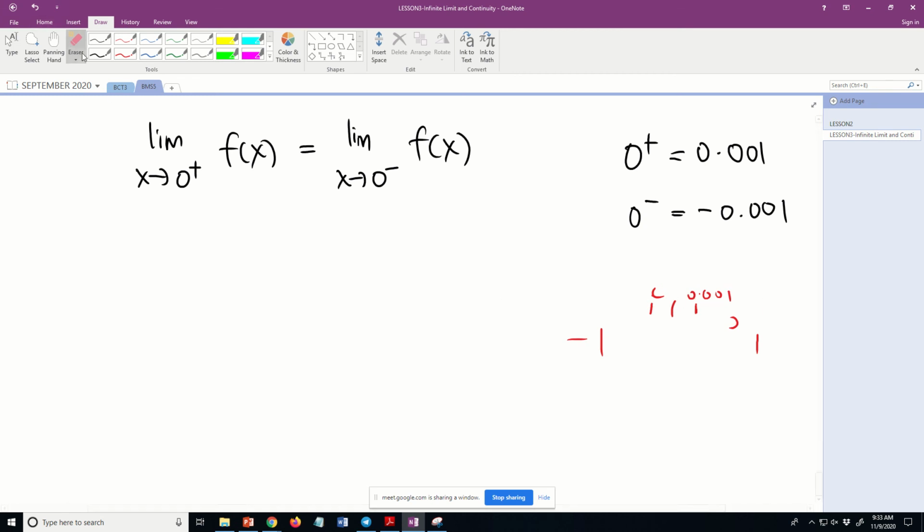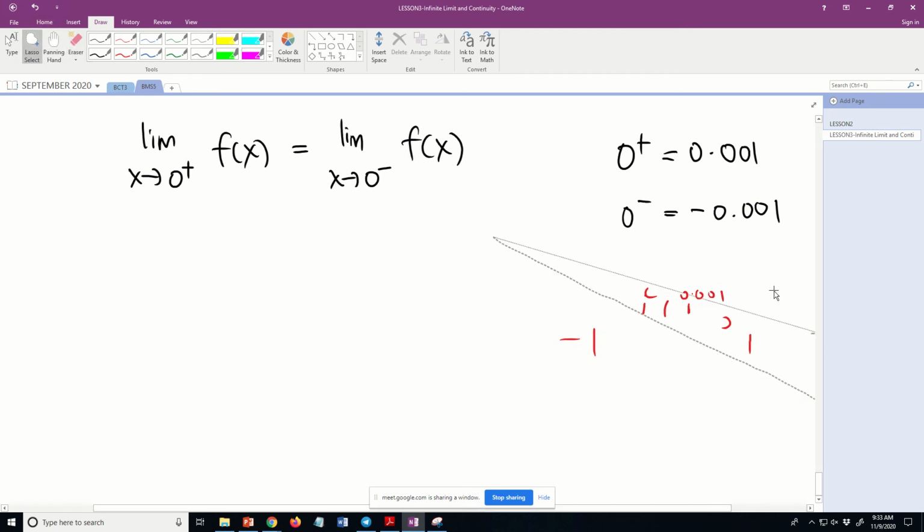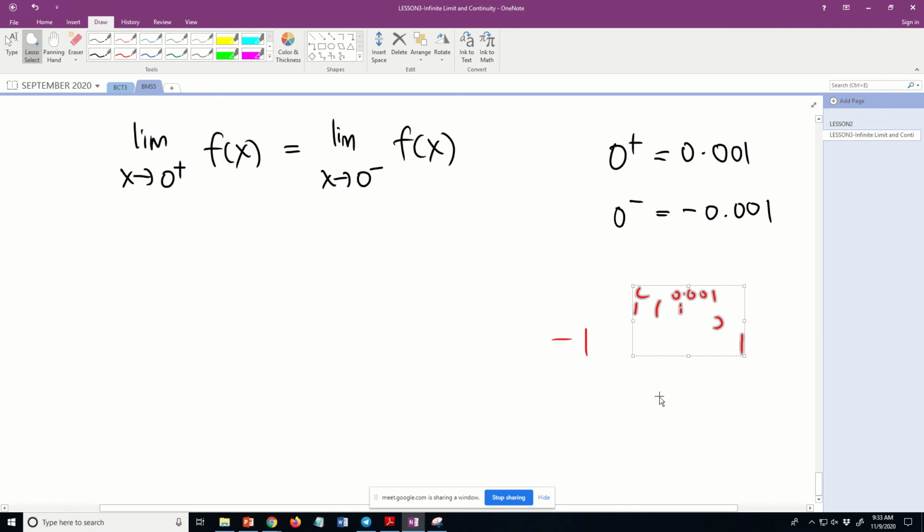Setiap kali ada soalan mesti ada problem dekat sini. Okay, so macam mana lagi sekali? So the number line here, let's say the number line 0 here. If I put 0.001, then this side will be negative 0.001. That's the clear thing that we can understand.